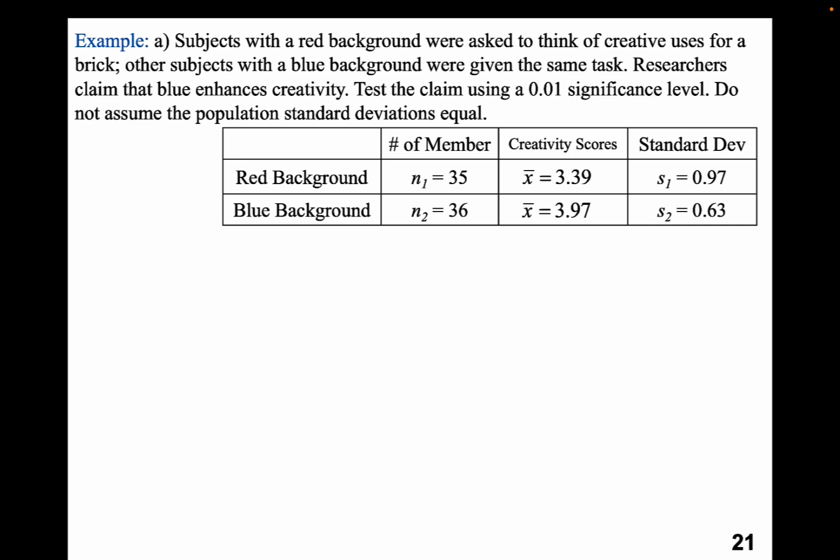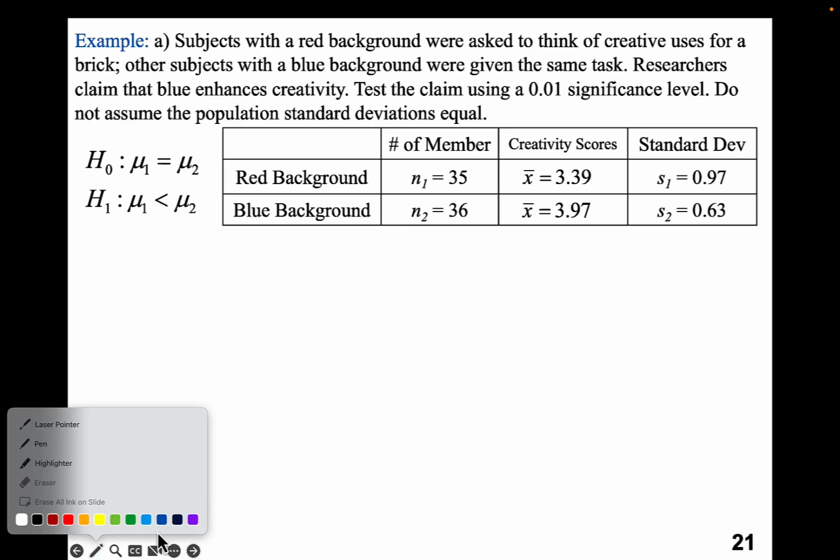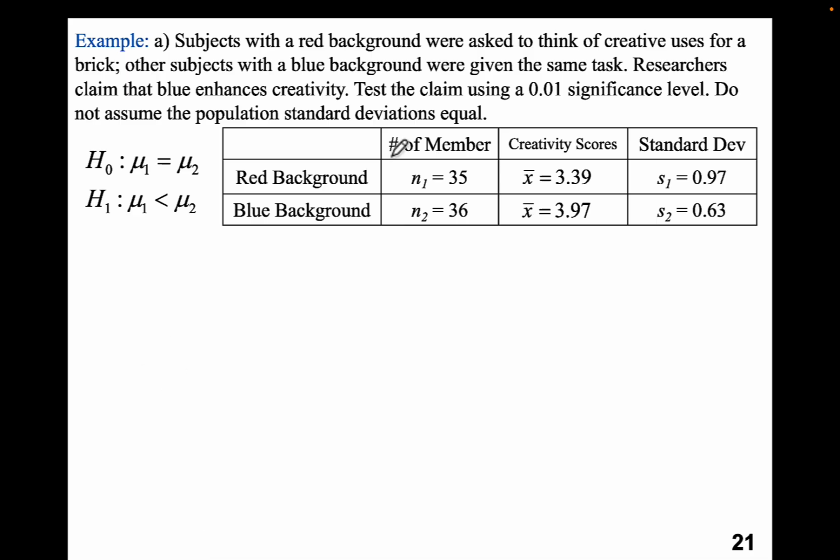Okay, first task is to test this claim. So we'll set up our null and alternative hypothesis. Notice that we have mu sub 1 compared to mu sub 2, because in two samples, that's what we're doing here, comparing the means of each population. The inequality right here, where did that come from? Came from the words claim that blue enhances creativity.